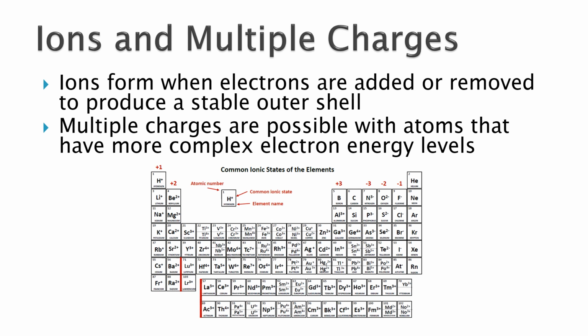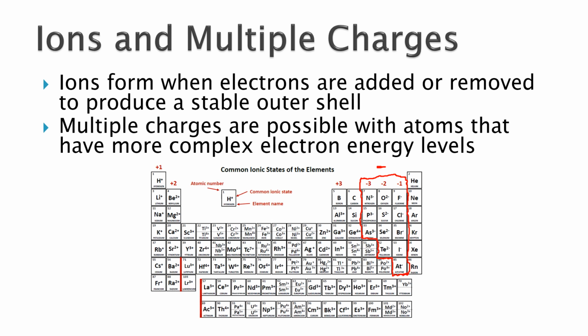So you'll recall that ions form when electrons are either added or removed from atoms. They will be added or removed in order to produce a stable outer shell of electrons. And so you can see on the right-hand side here, all these nonmetals that aren't noble gases all end up with a negative charge when they gain electrons to become more like a noble gas.